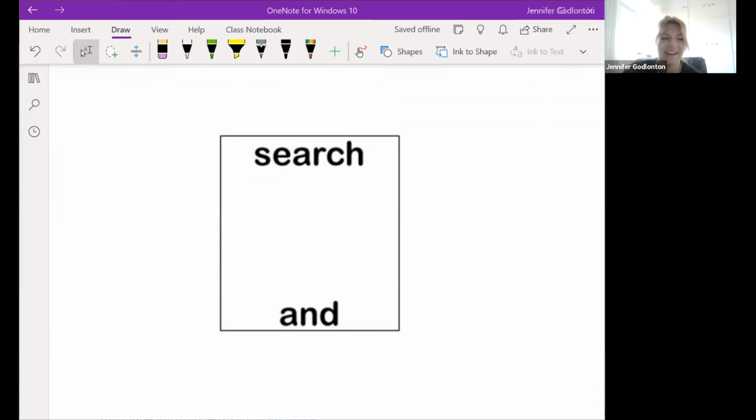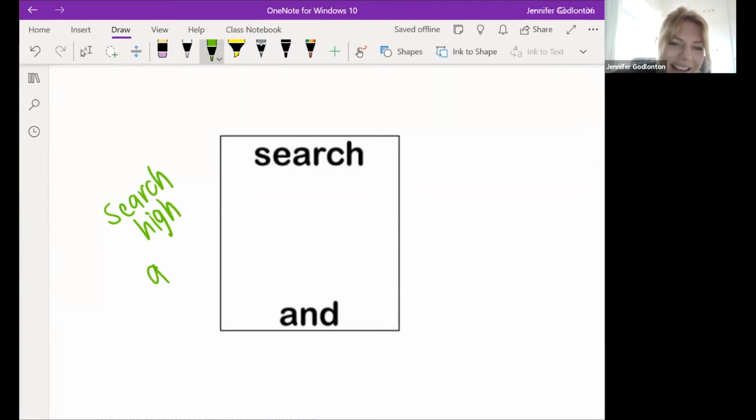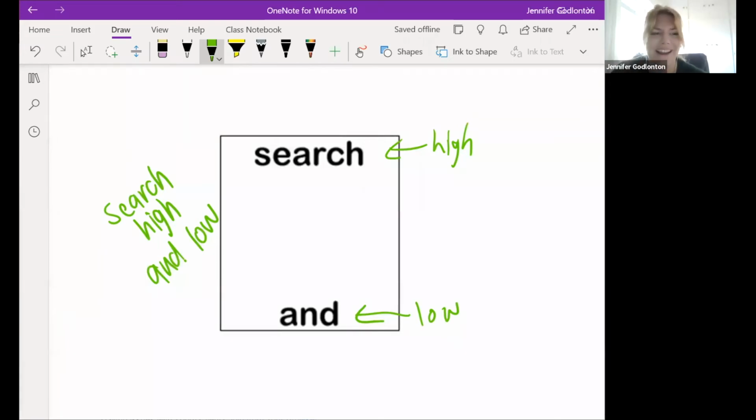It didn't need the ing, but that is very, very close. This one was literally search high and low. As in search is high and is low. So you search high and low.